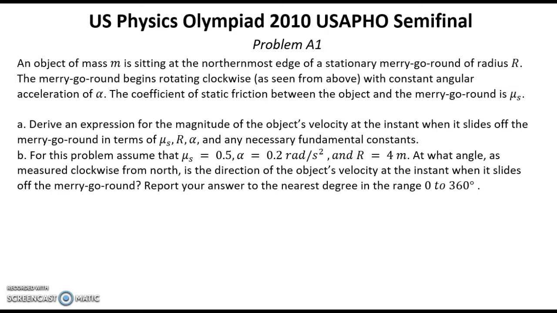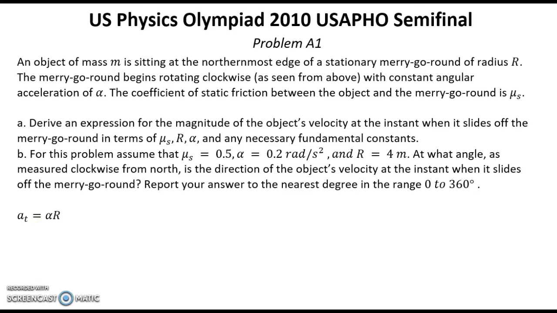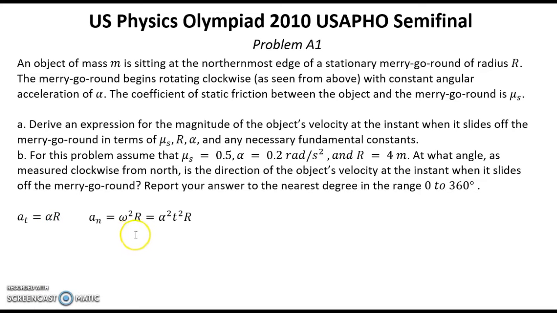Solution. When object moving by a circular trajectory, acceleration could be split by tangential and normal. Tangential acceleration equal to alpha r, where alpha is angular acceleration and r is radius, and normal acceleration equal omega square r, where omega is angular velocity, and the angular velocity equal alpha t.